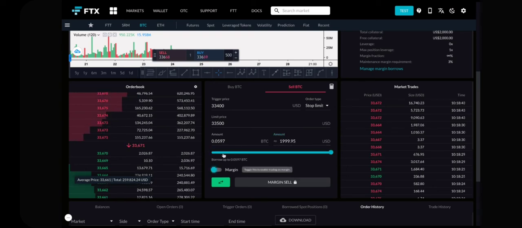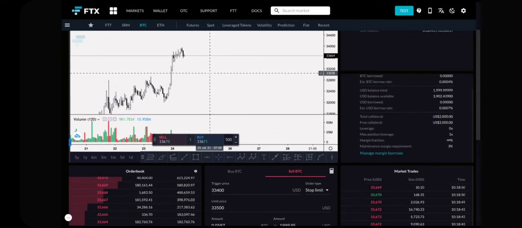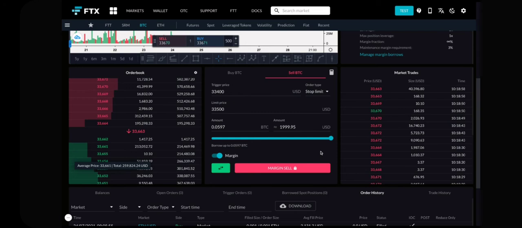Like that. And margin on for now. That would mean that if price comes down and touches 33,400, it's going to place a sell order at 33,500. So you would use this if you think the price is going to drop, hit a certain level, and then rise again, and then drop again.